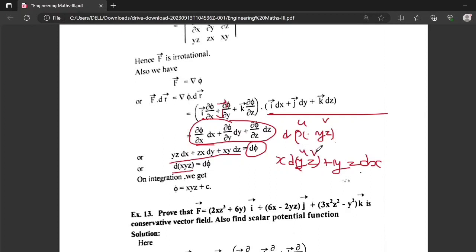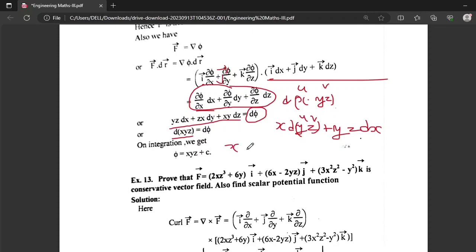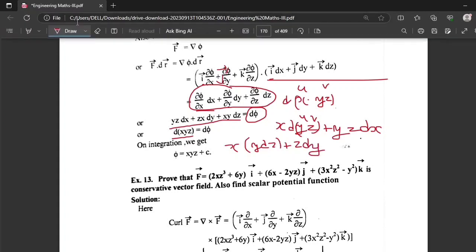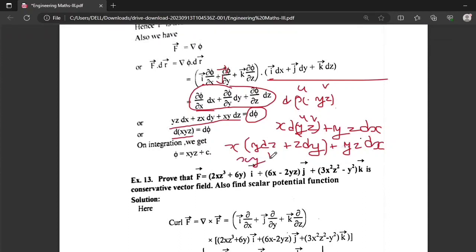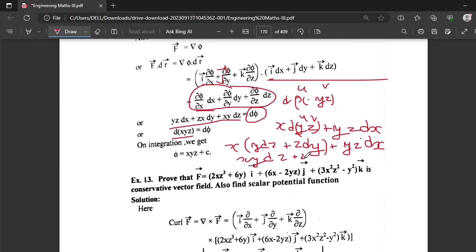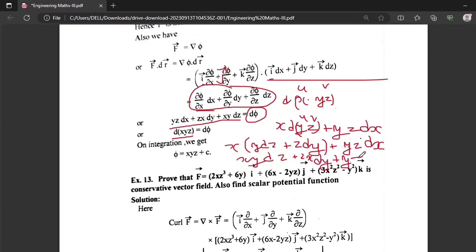So we get x(y dz plus z dy) plus yz dx, which is xy dz plus xz dy plus yz dx.